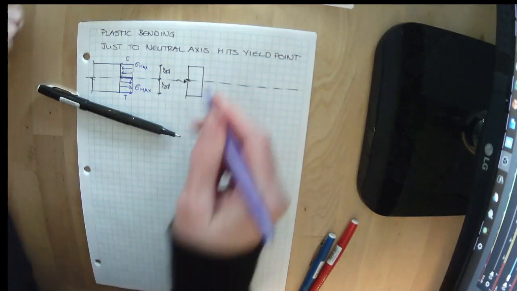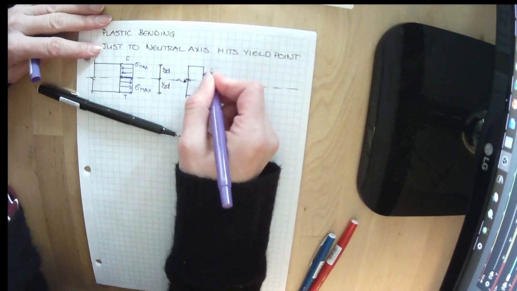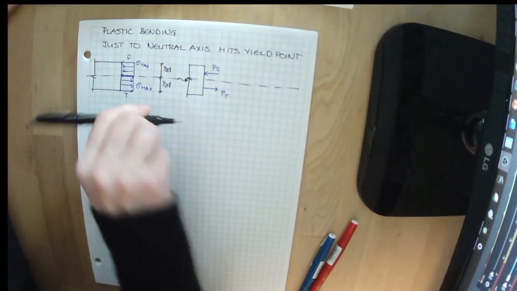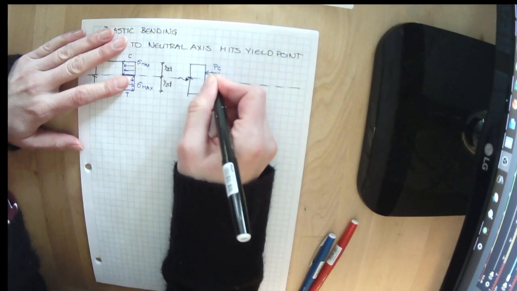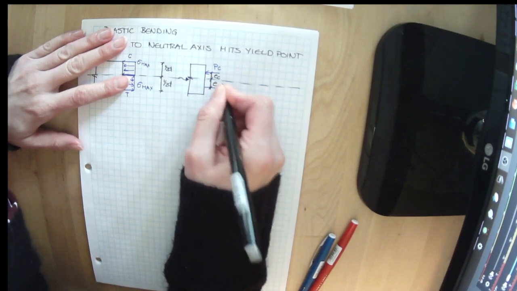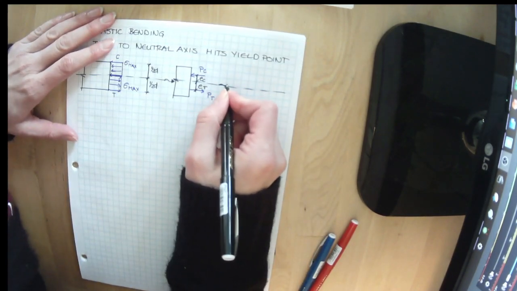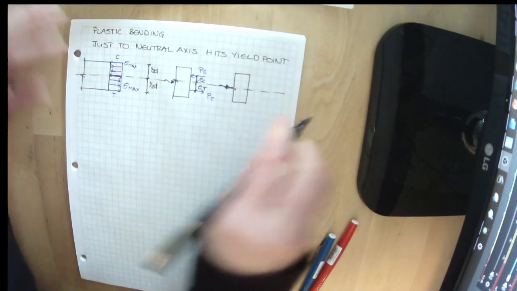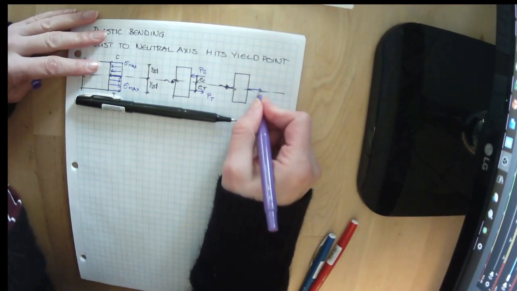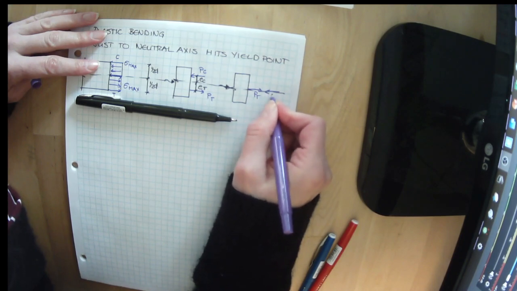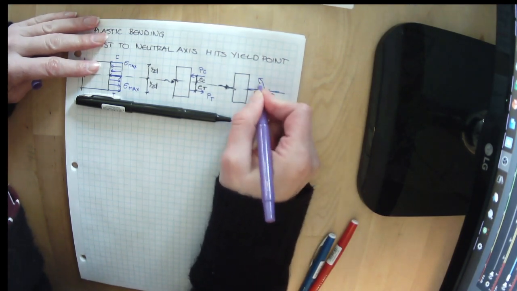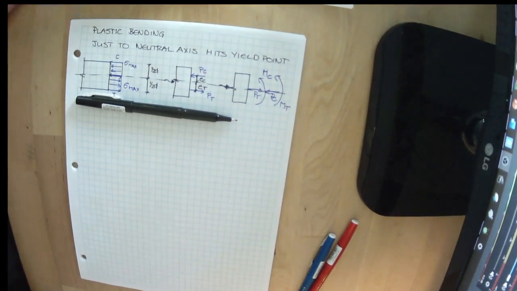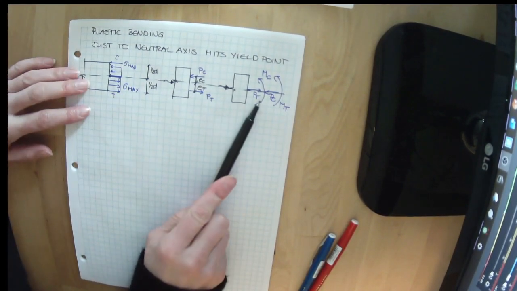We can redraw this so that that is PC and that is PT, and that's EC, and that's ET, and we know that that is similar to having PT here, and PC here, and MC and MT.